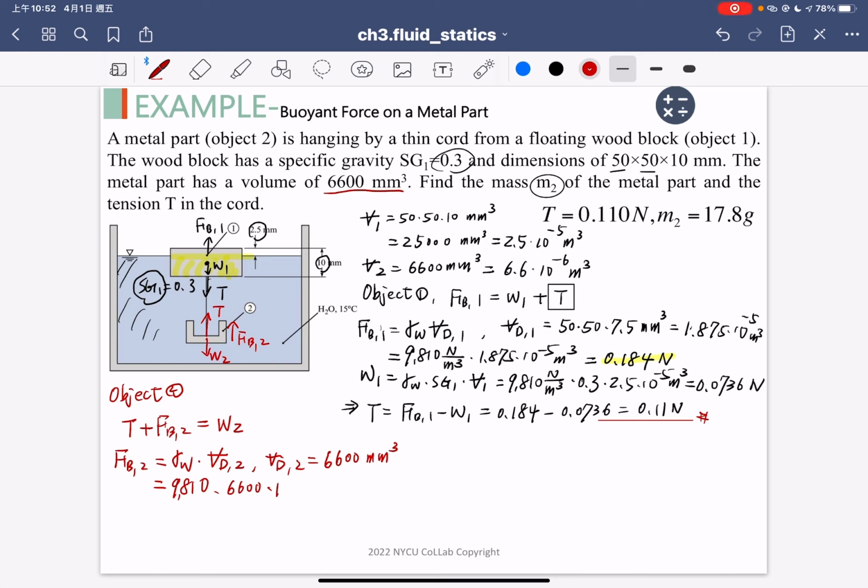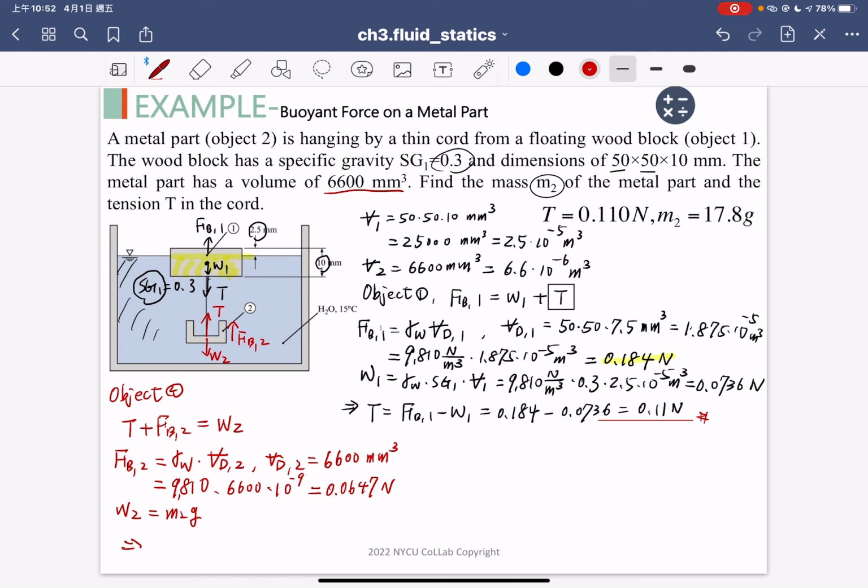So here I use the 10 to the minus 9 power, so the unit here is meter cubed. The 9810 multiplied by 6,600 divided by 10 to the 9 power is around 0.0647 Newton.